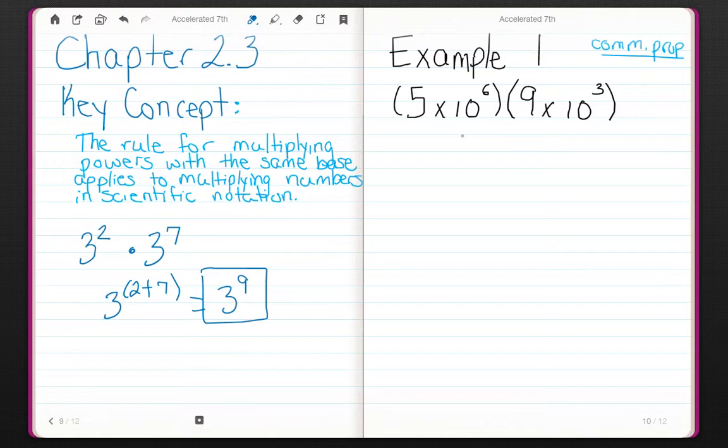So here in example 1, I have 5 times 10 to the 6th power times 9 times 10 to the 3rd power.